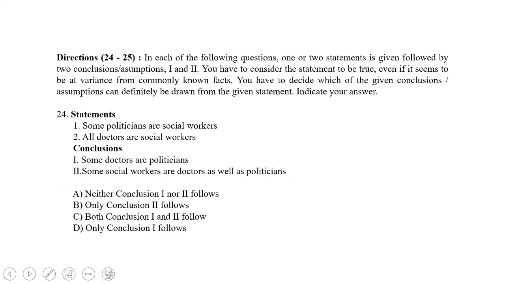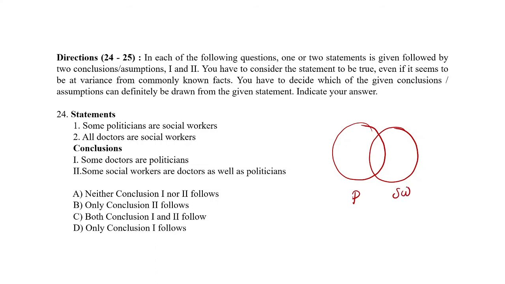Now coming to 24 and 25th questions. 24th one is related to syllogisms concept. Statements. There are 2 statements followed by 2 conclusions. First of all, draw Venn diagram by using statements. Some politicians are social workers. This is politicians circle.